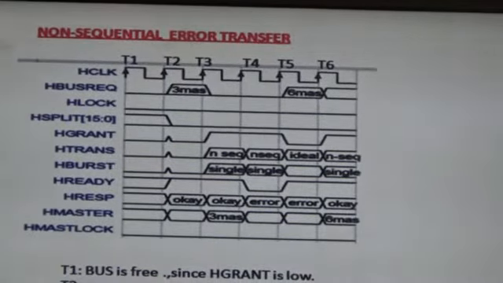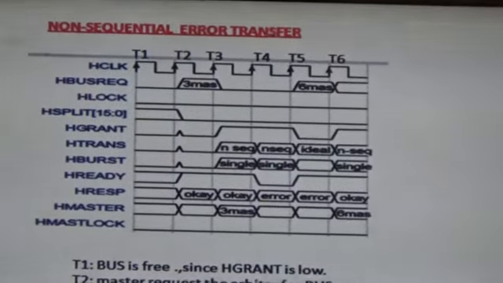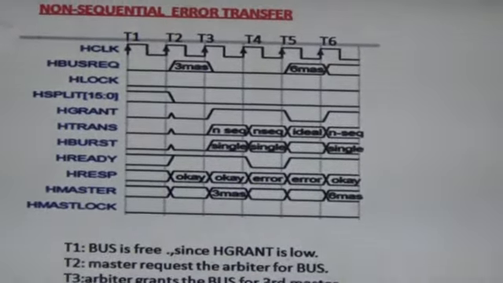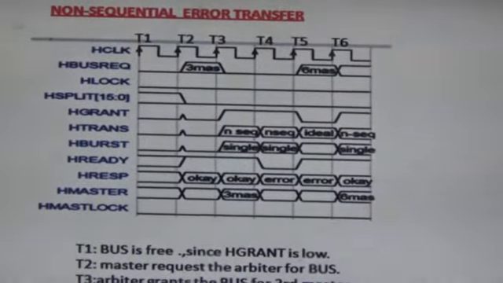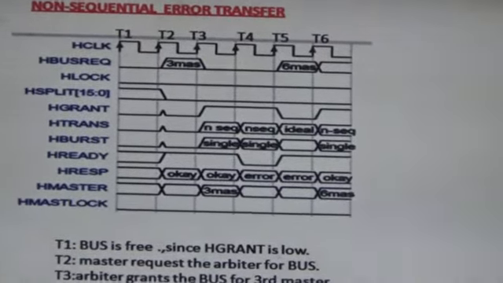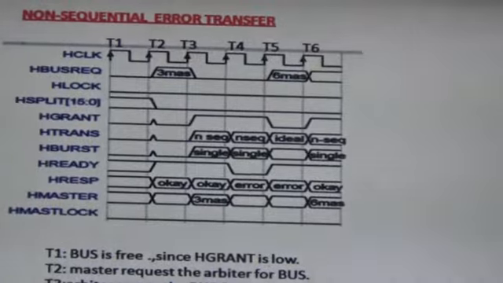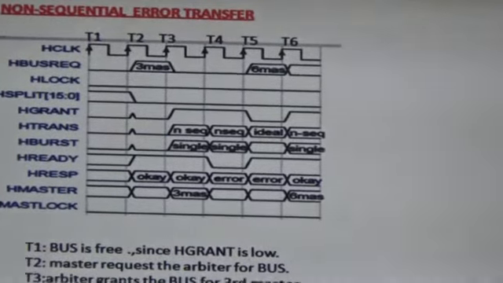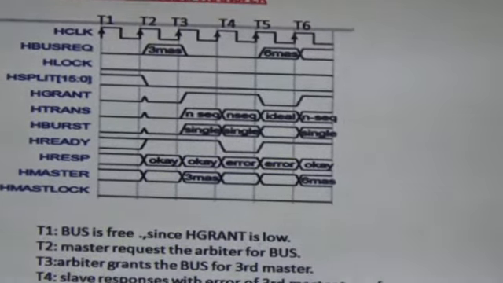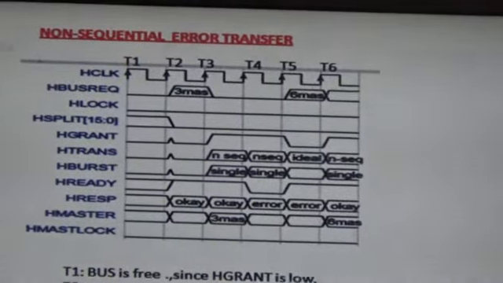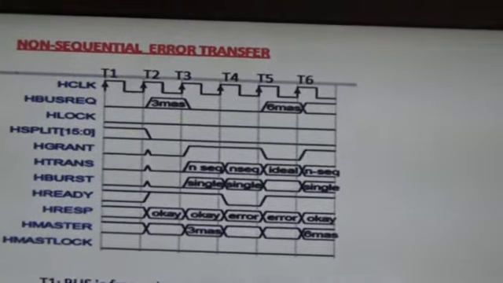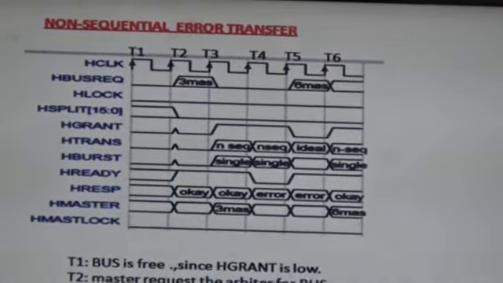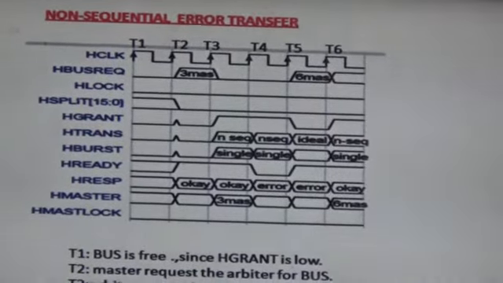Whereas in split and retry, when HSPLITX becomes high, the arbiter ensures that the slave is free to be ready for access, then it assigns the master for which the slave responded with retry or split. But here the slave doesn't respond with anything. When the slave responds with error, it doesn't allow the bus. We will come to know with the example.